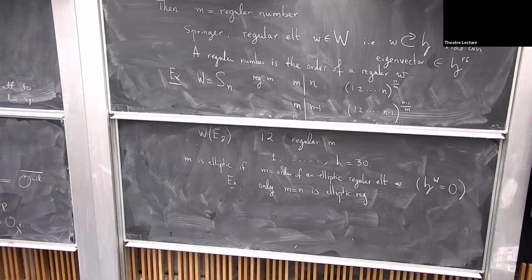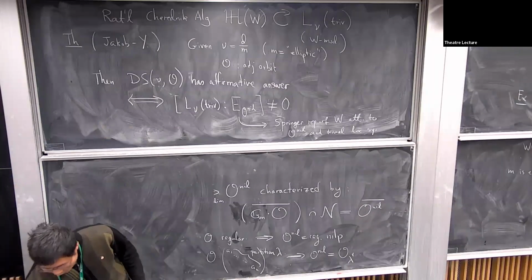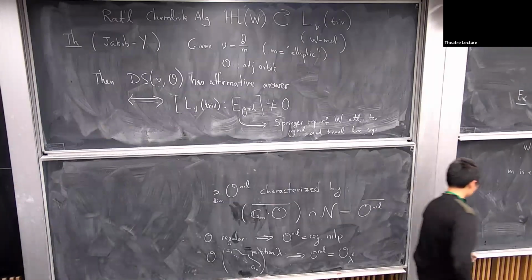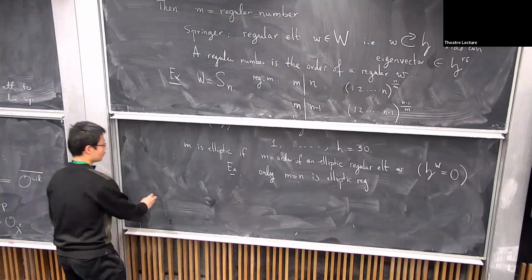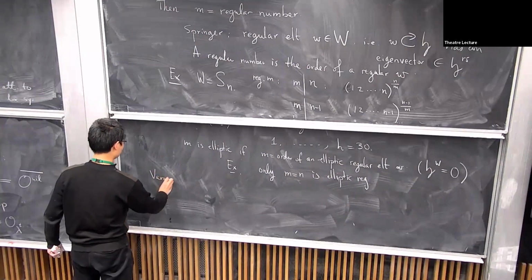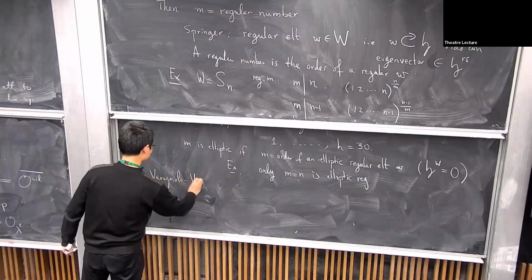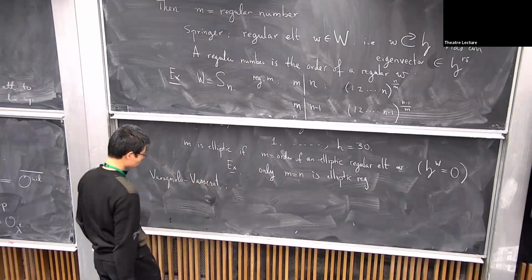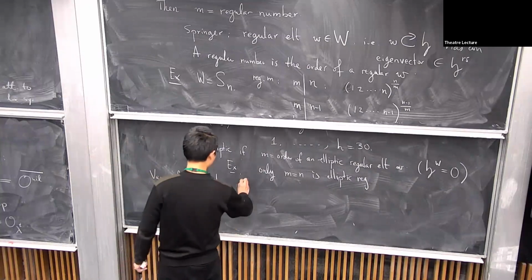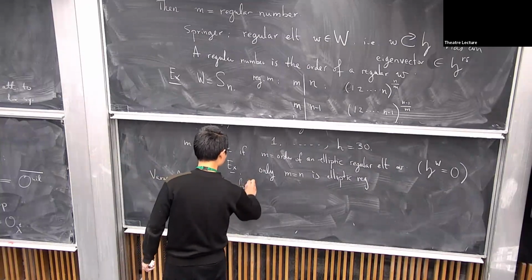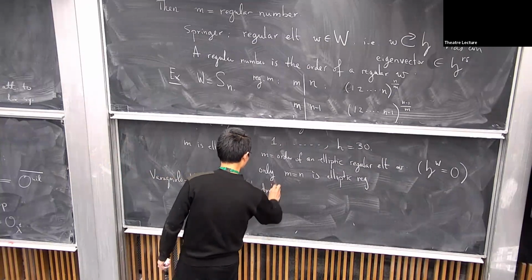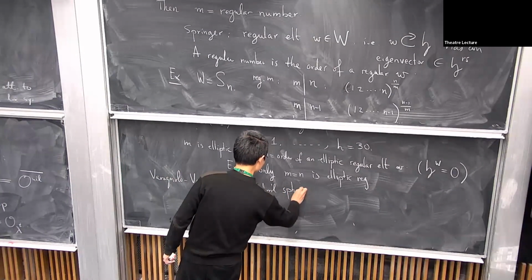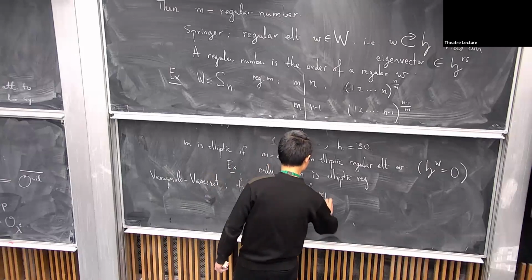So these notions appear in the work of Rognes and Varagnolo in their classification of finite dimensional spherical representations of DAHA.